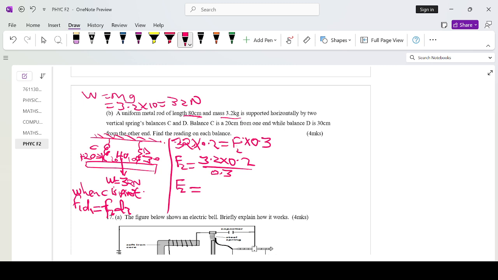I've said let my F1 be the weight. So that is 32 times its perpendicular distance from the point of support.